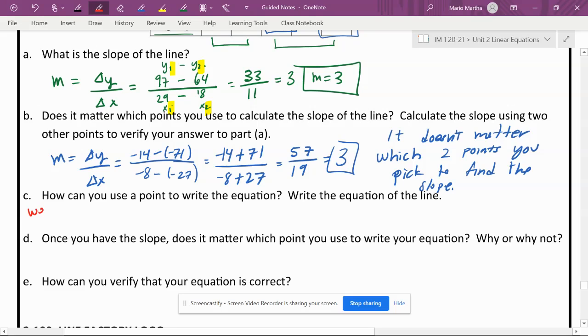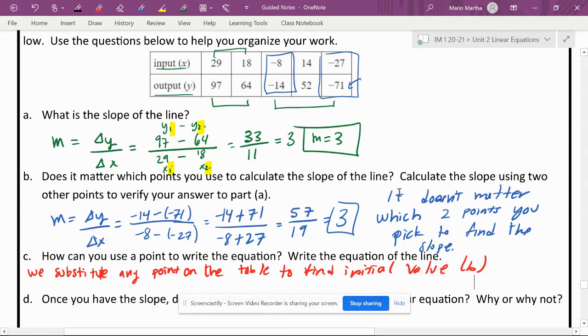So we can substitute any point on the table to find the initial value, or b value. It's just a matter of choice which one you want to use.